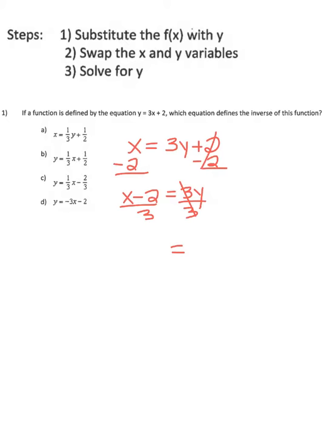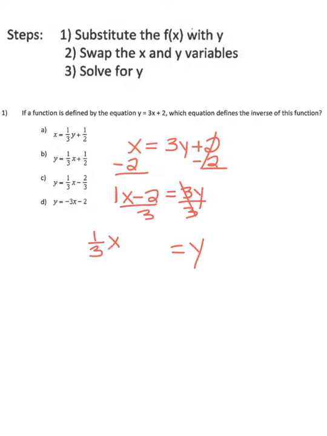Okay, so we have a y on the right-hand side of the equation. Now you have to look at the answer choices. They didn't leave the fraction like this. What they did was individually divide each of the terms in the numerator by the 3 in the denominator. So instead of having x over 3, since there's technically a 1 in front of this x, they wrote this as 1/3 x.